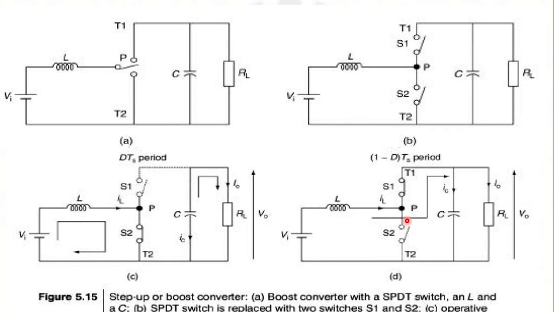During the 1 minus D into Ts period, switch S1 is closed and S2 is open, so the input will travel to the output side. The inductor current cannot change instantaneously, so the stored energy in the inductor as well as the input is given to the capacitor so that the output voltage is increased.